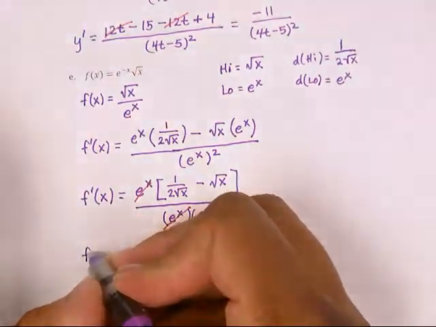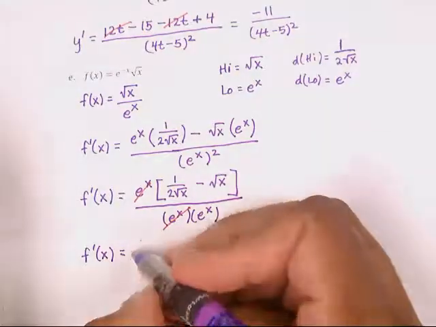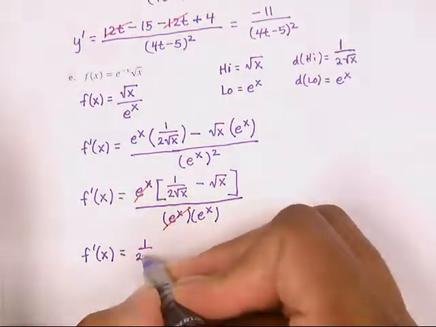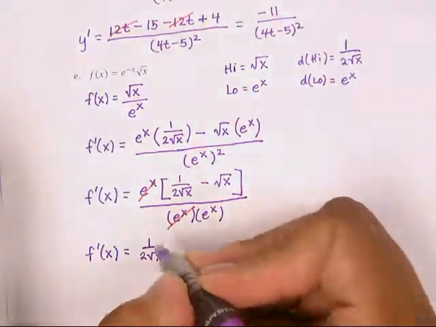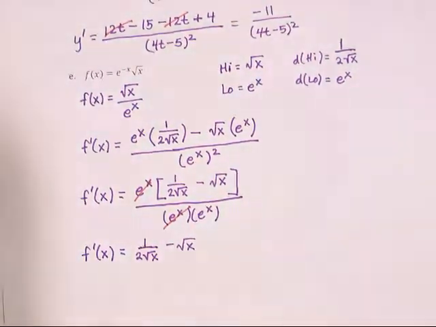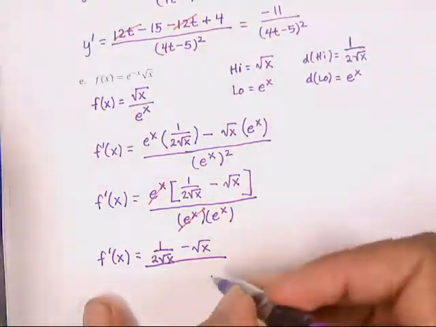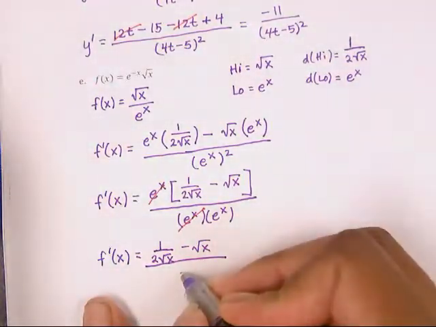So here I'm going to be left with 1 over 2 square root of x minus the square root of x, all divided by e to the x.